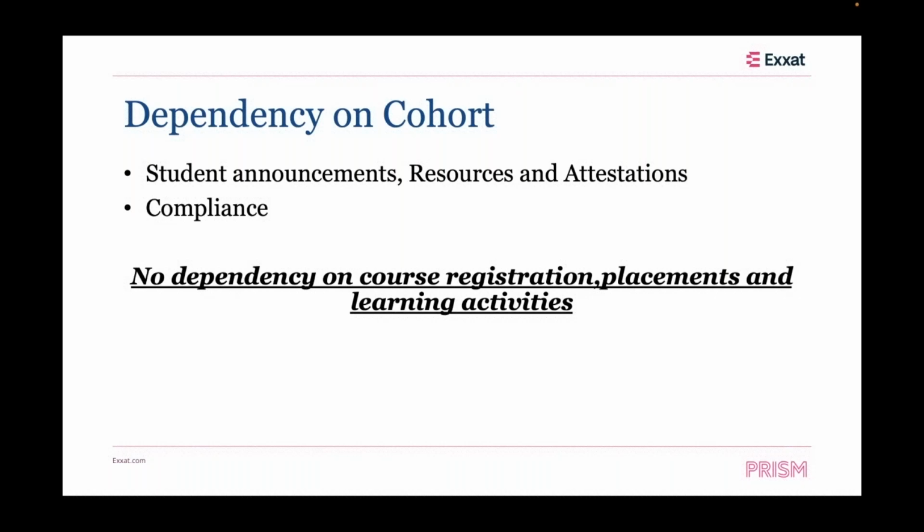So on this topic today, what we would like to understand is what are the other use cases that you think there is a need for you to change the cohort of the student. What Exxat is recommending is when you are enrolling students, you can group them and create an admitting cohort. You can refer to that as your admitting cohort.